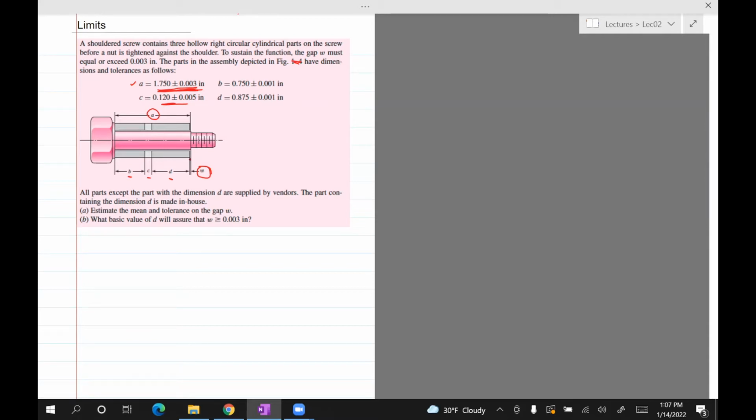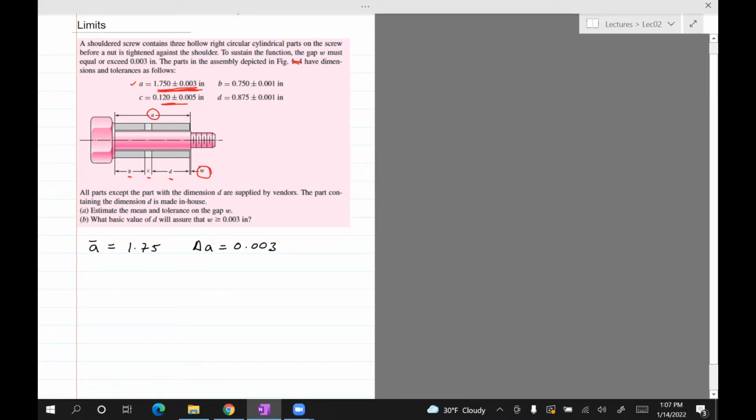So when we are asked to find the mean and tolerance of gap W, we need to find the nominal size, that's the mean. And then we'll denote the deviation. We'll use this notation. We'll say that A bar is the mean, it's 1.75, and then the deviation is, in this case, 0.003.